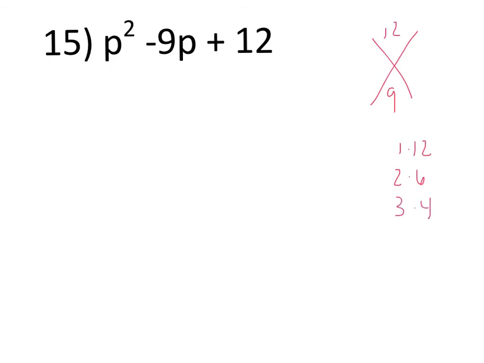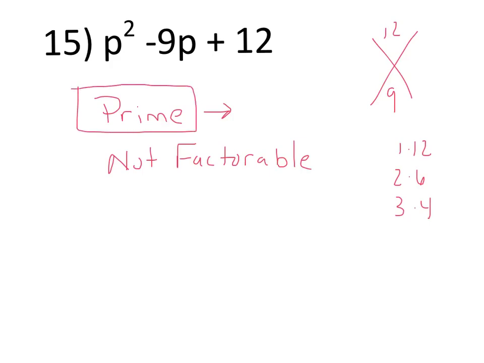Those are all the factors I have. Nothing works. So if nothing works, we're writing prime. And just keep in mind that prime simply means it's not factorable. Not factorable. So prime would be your answer here. Okay, and that concludes the rest of 8-6 notes.